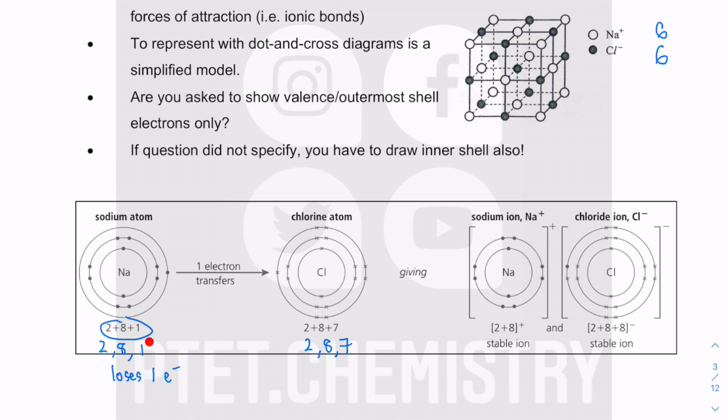Okay, so third period, number 3, and this is the outermost shell, the valence shell. It shows number 1, so there's 1 outer shell electron. Sodium is in group 1, likes to lose 1 outer shell electron, and you can get neon electronic configuration. 2, 8, 7, chlorine is in period 3, 1, 2, and 3.